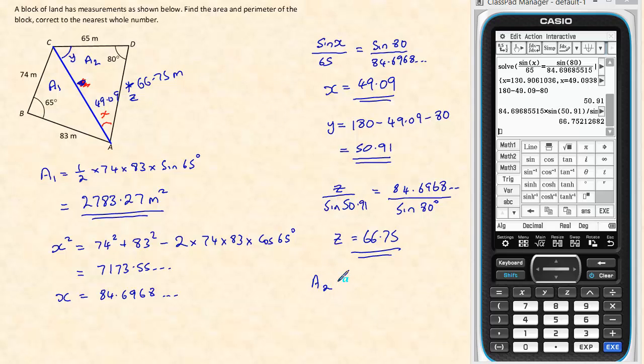We can now calculate area 2. That's going to be a half times 65 times 66.75 times sine 80.